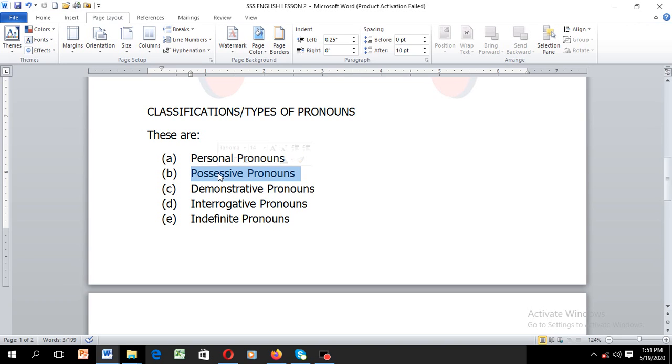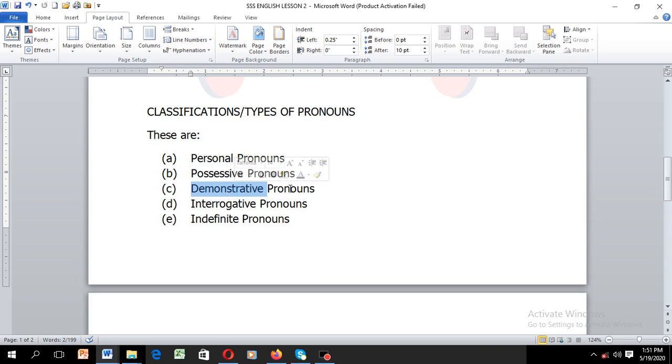Possessive pronouns. For example, in a sentence like this: your shirt is good, but mine is better. Mine is underlined here as the possessive pronoun. So mine is an example of possessive pronoun. Is that taken? Alright, let's move forward.